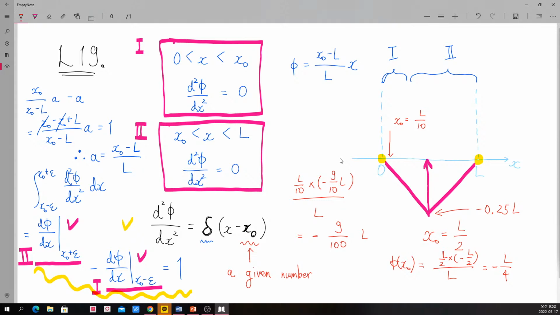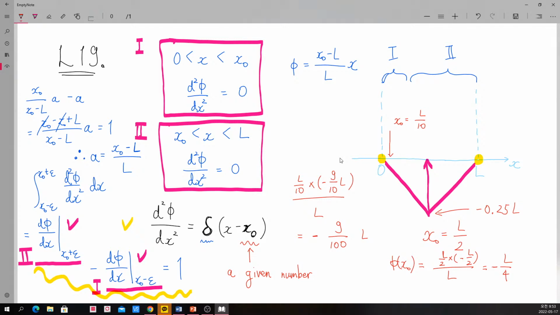So now you can understand that depending on the position of your source, although you have introduced the same amount of source, given by the Dirac delta function, which when integrated becomes just 1, depending on the position of your injection, or the position of your source term, the response becomes quite different.